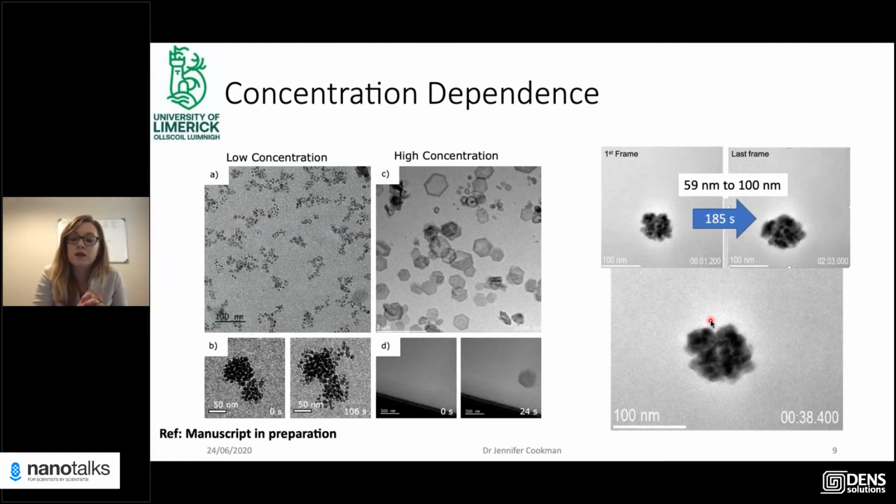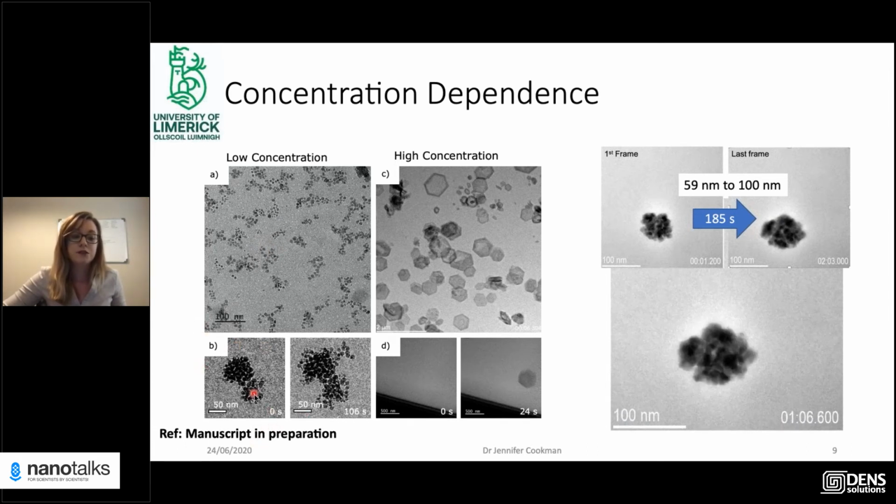One of the things that's related to the concentration then is the observations that we get at different concentrations when you have that ideal range where it's not too high and it's not too low. So we found also with flufenamic acid at the lower end of that range, we were getting these individual particles, and these particles tended to create aggregates, such as what I'm showing you in B here.